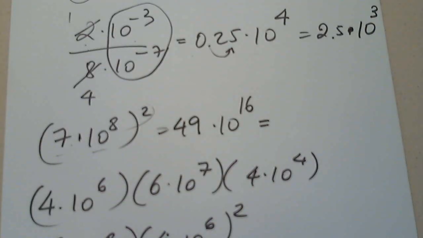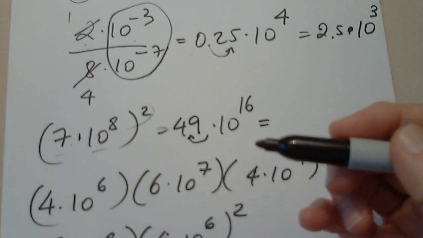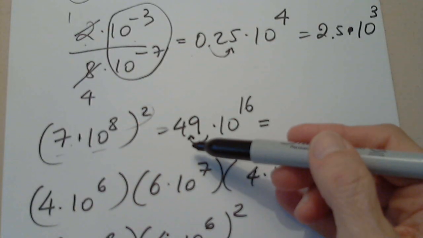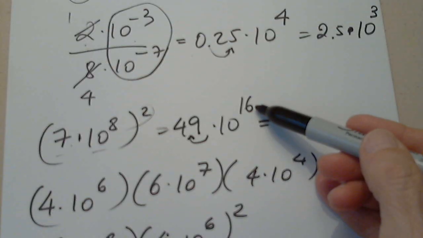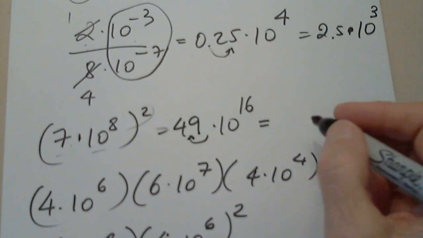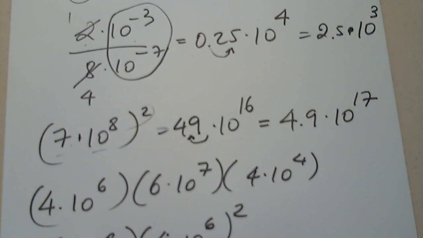This is all good, but it's not in scientific notation. So this is, so to speak, a large number. I have to make it into a small number, meaning I'm dividing by 10. So then I have to increase the power by 1. So this will be 4.9 times 10 to the 17th.